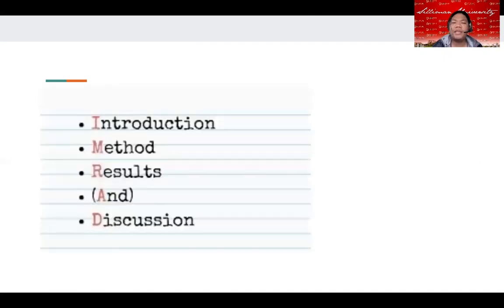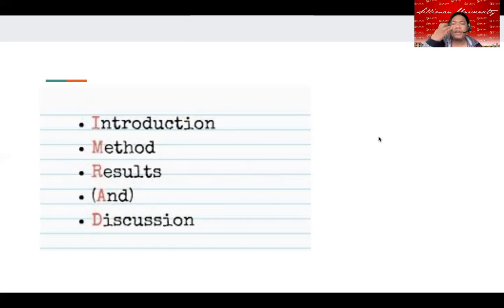IMRAD is actually an acronym and it stands for Introduction, Method, Results, and Discussion. These are just the content of your paper. So you just have to write an introduction, your method, your results, then of course your discussion, and of course your conclusion and list of references.